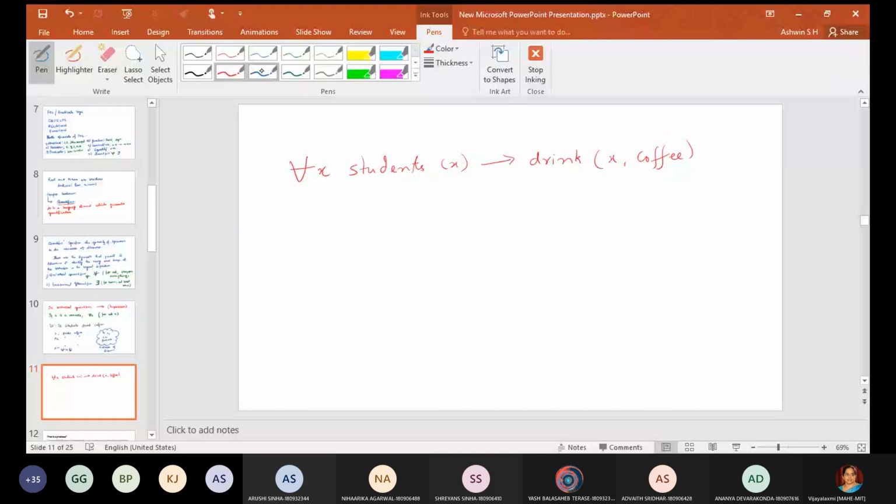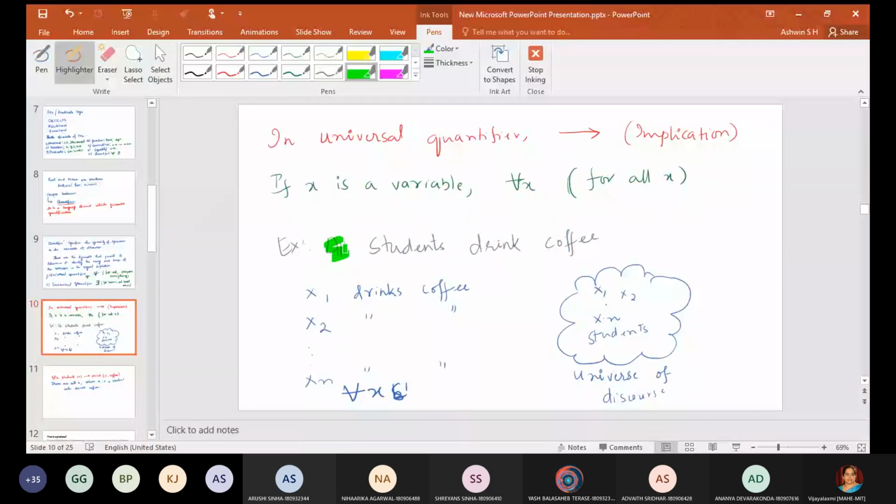So the meaning of this is, for all x, where x is a student, x drinks coffee. So this was the sentence, this was the example which I took.